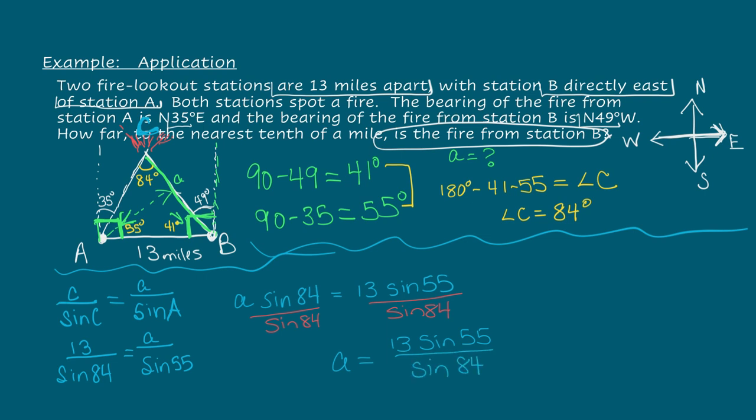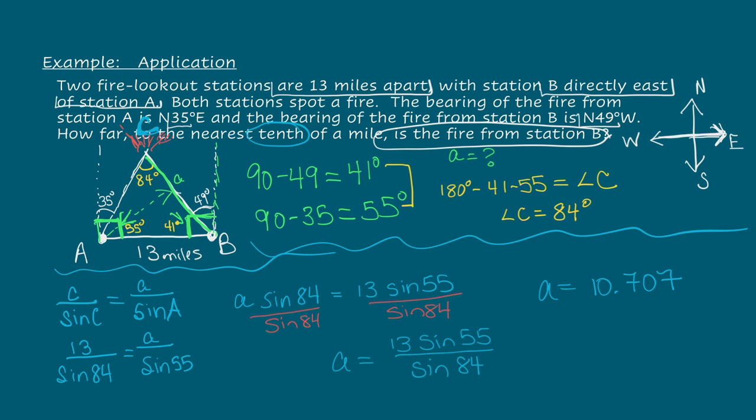Grab your calculator, and you will get A equals 10.707. Make sure your calculator is in degrees. And we need to round to the nearest tenth of a mile.